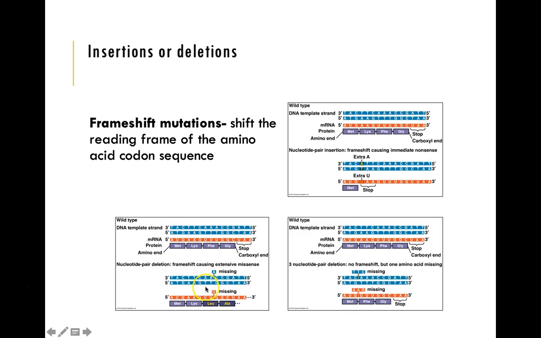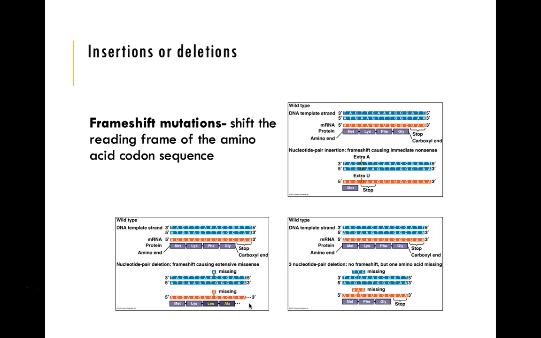Over here on the left, we introduce a random base pair, and it changes all of the amino acids after that. So we start out with methionine, lysine. We should have phenylalanine, but instead we have leucine, and then you can see the sequence changes after that. Again, that's because we've shifted our reading frame by one letter. We've caused all of our words to change following the insertion.